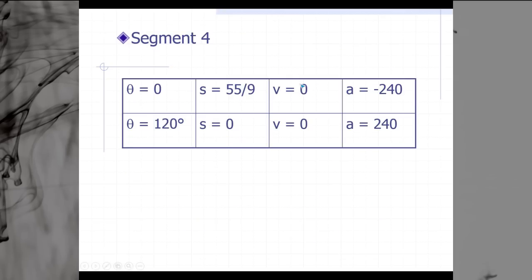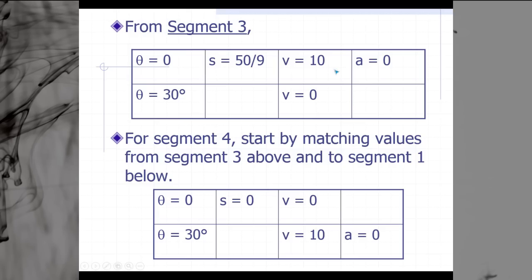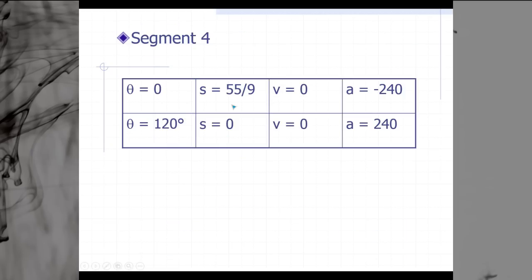Again, that v should be 0 at the start. The s equals 55 over 9, and the a equal to negative 240 are found by going to segment 3, plugging in theta equals beta, and finding out what this value is and what this value is for acceleration. And those are plugged in at the start of segment 4.